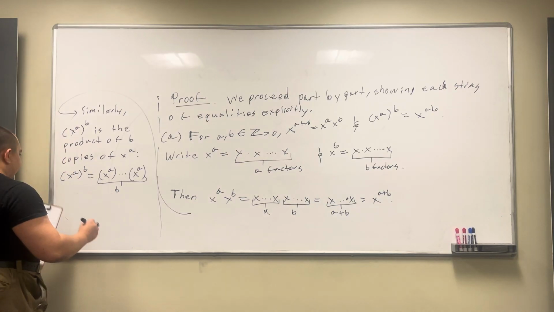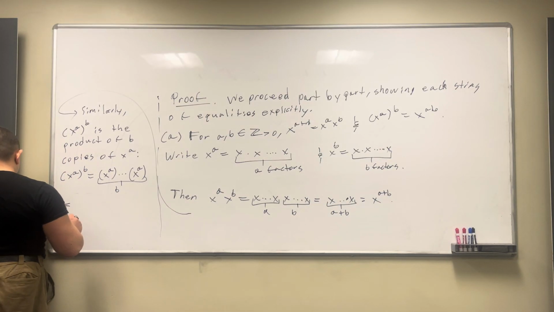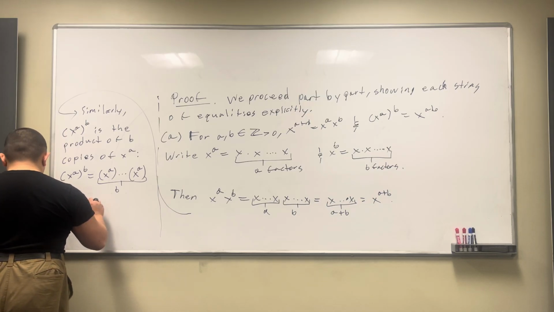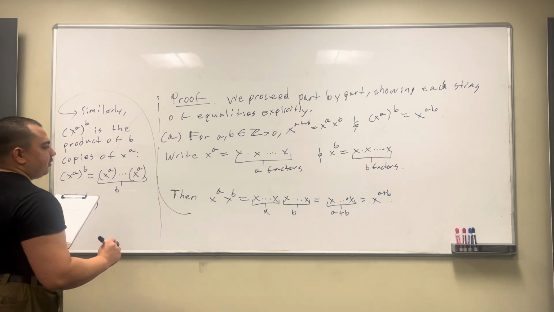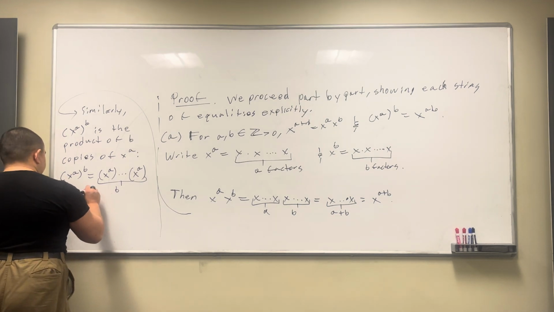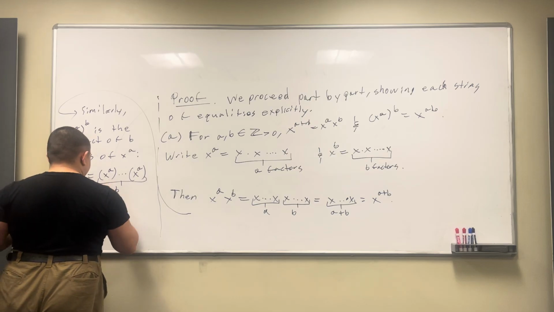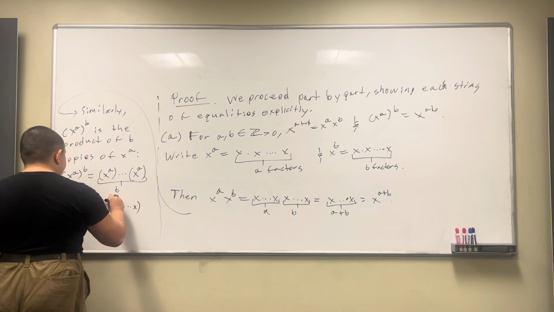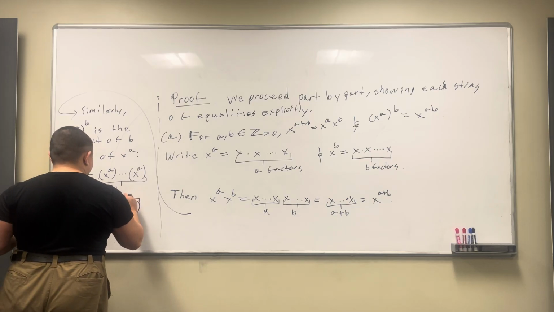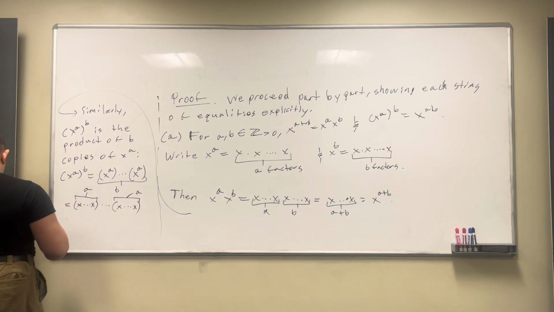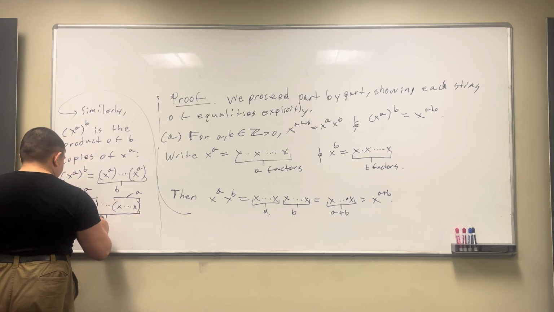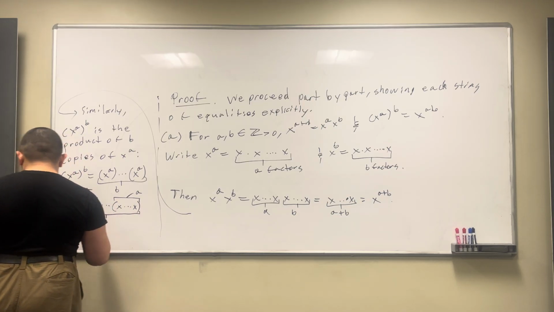Now, each of these is x times itself, to the order of a factors many times, in each of these parenthetical groupings, not group official, but groupings. And so this is still b blocks.